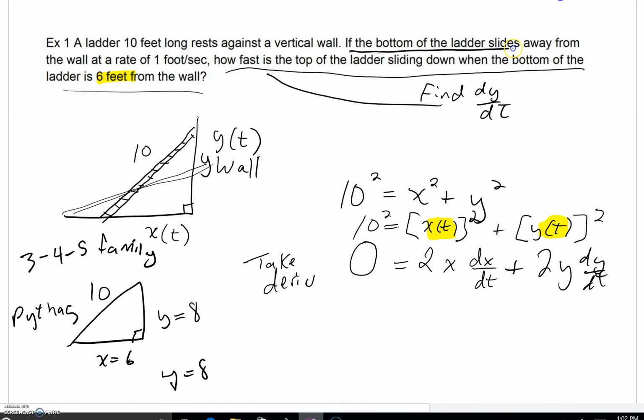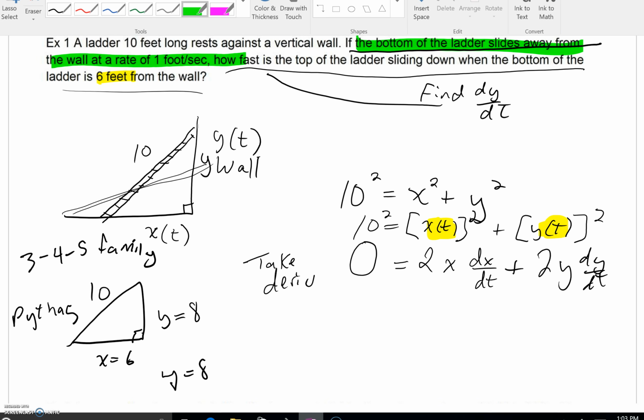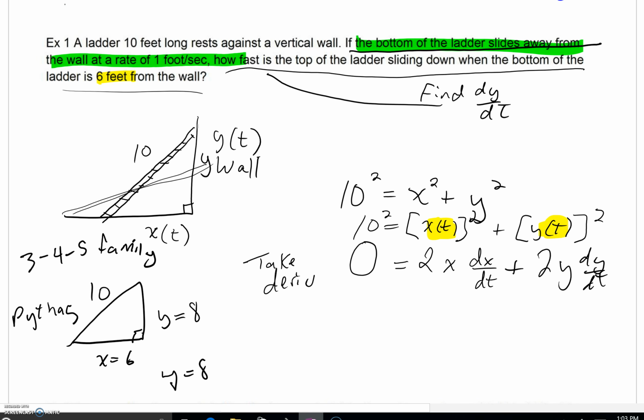And here's the other thing that, forgive me, as I was hastily writing this all out, I didn't call attention to: the bottom of the ladder slides away at a rate of 1 foot per second. Wow, that's a rate too, isn't it? That's a rate too.